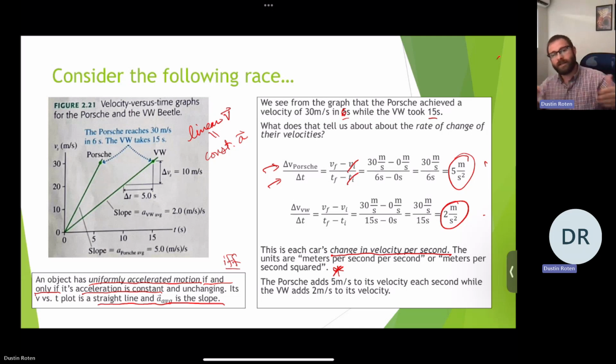So the first second it was moving with a velocity of 5 meters per second. After 2 seconds, it's already up to 10 meters per second, then 15 meters per second, and it just keeps building. Same thing with the Volkswagen. Every second, it's going to add 2 meters per second to its velocity. So we're adding to the rate, we're not adding to the position like last lecture.